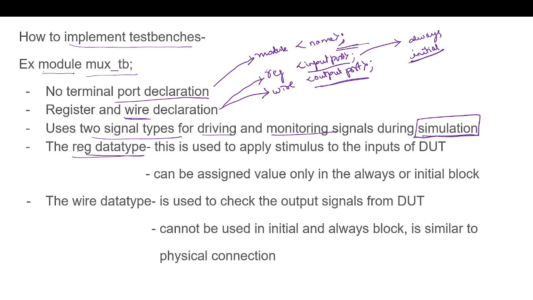Since it is non-synthesizable, we can use initial also to initialize the values. And the wire type is a physical connection, so we cannot use an initial or always block to assign it. A wire has to be assigned using an assign statement only.